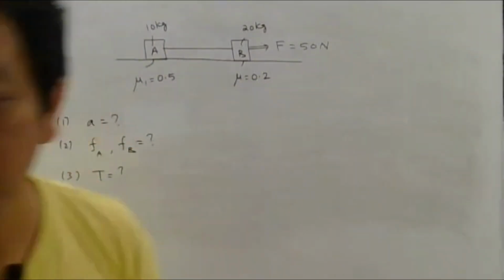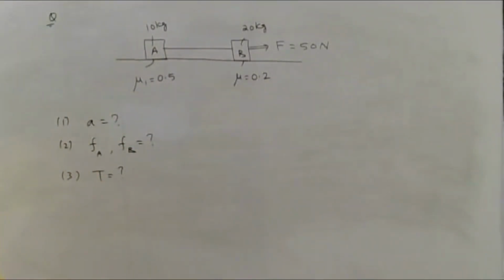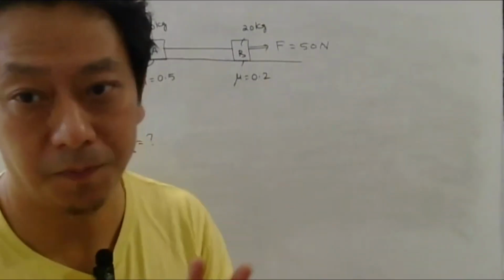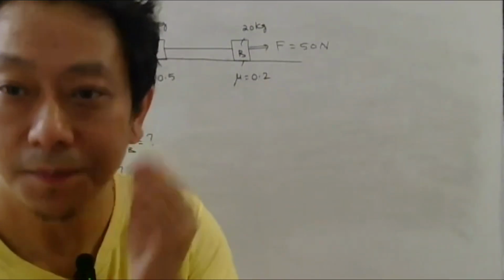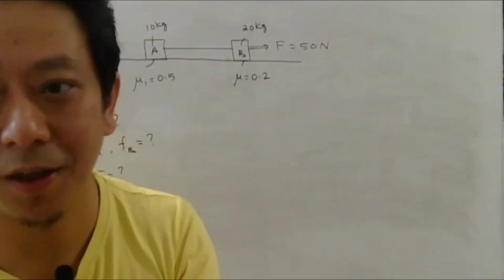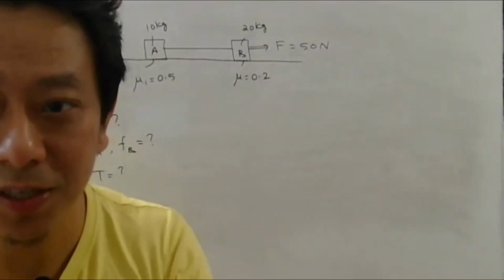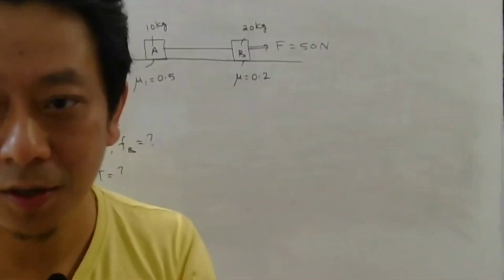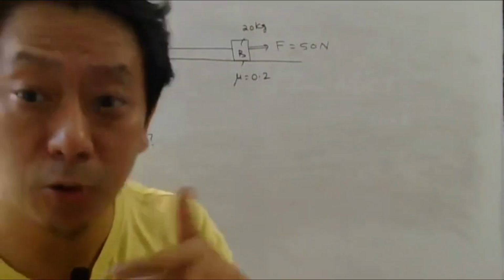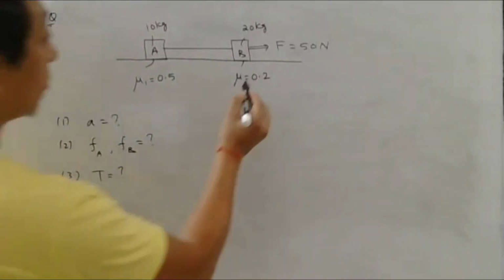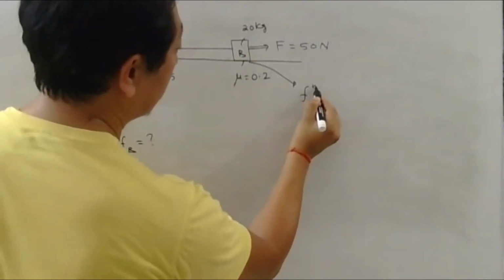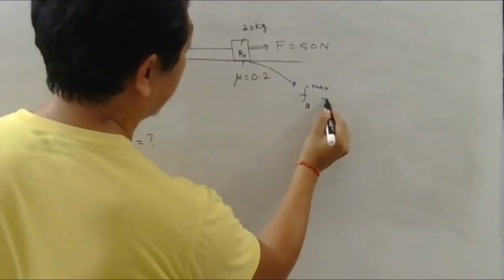Now, students, in such a problem, the first thing you have to do is check what is the maximum static friction which is available. Fs max is not friction which acts. Fs max is maximum friction which is available. Of course, it can also act, but it acts when the body is about to move. So in such a problem, first you calculate friction max. So what is friction maximum possible on B?